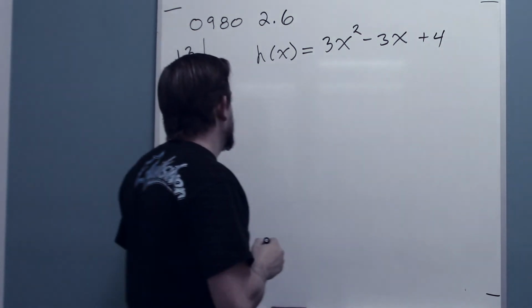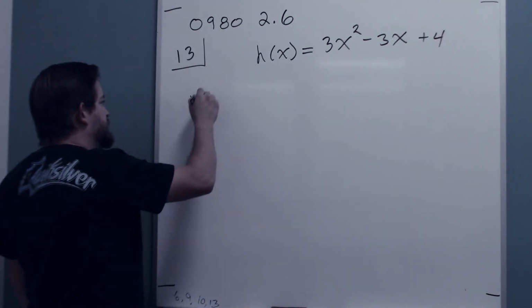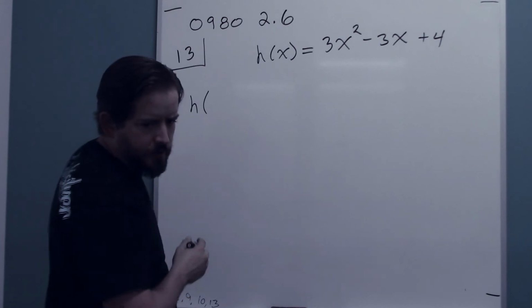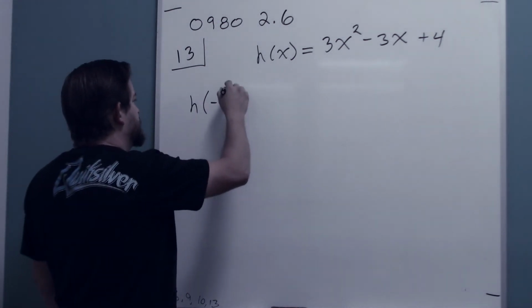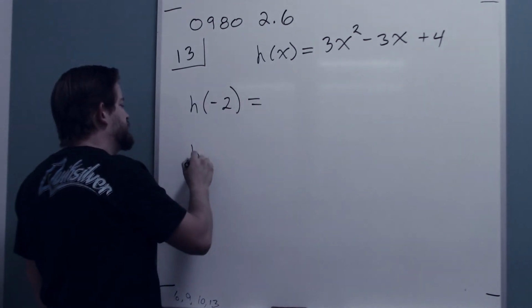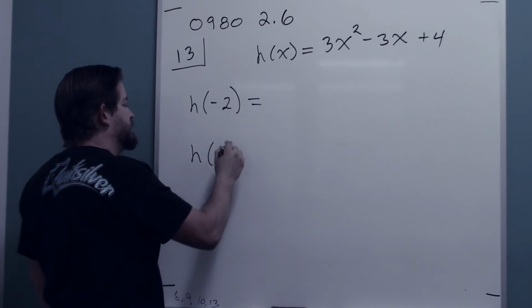And it wants us to evaluate a few places, so let's go h of negative 2. And I'll do the first two, I'll let you play around with the other two.